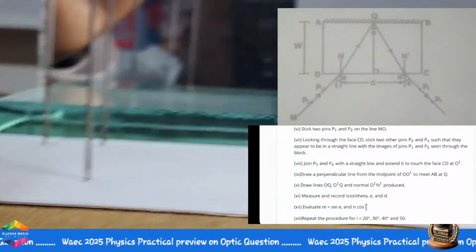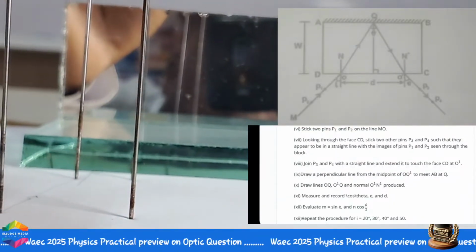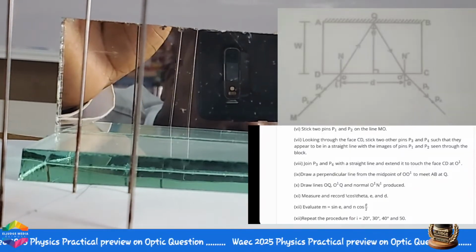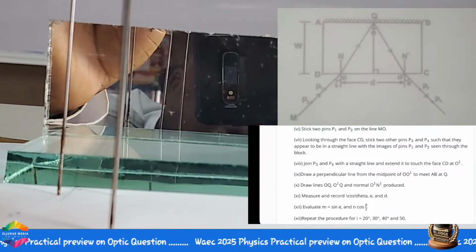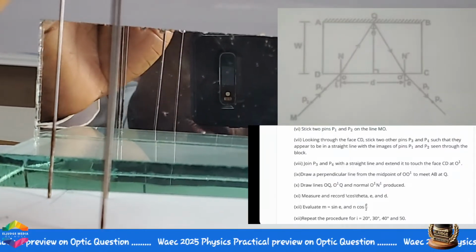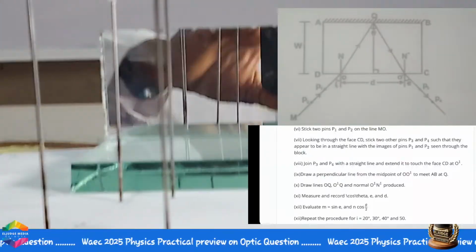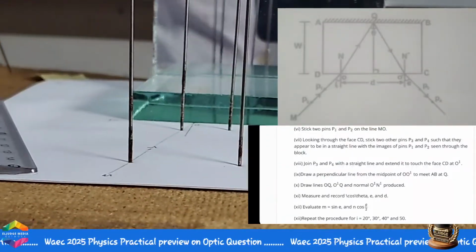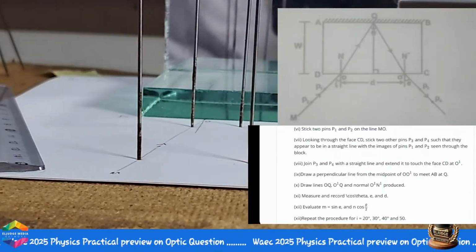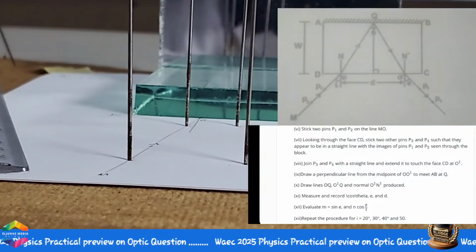So can you see now that this pin P4 is actually covering pin P3 and the images of P1 and P2. So this is actually the method of carrying out this experiment. Now we are going to look at the next instruction.